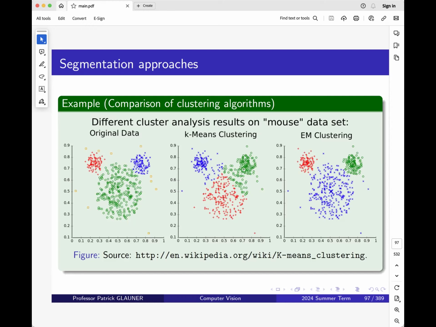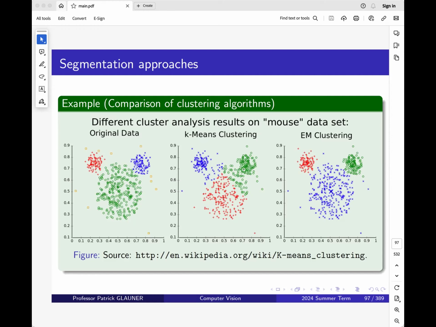We can use it for clustering. We can use it for hidden Markov models and others. So it's not just something we're using for clustering. It's an application of clustering. And this EM algorithm is actually something highly generic, and we're applying it here to clustering.